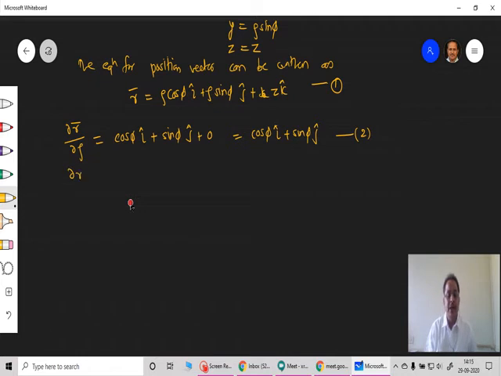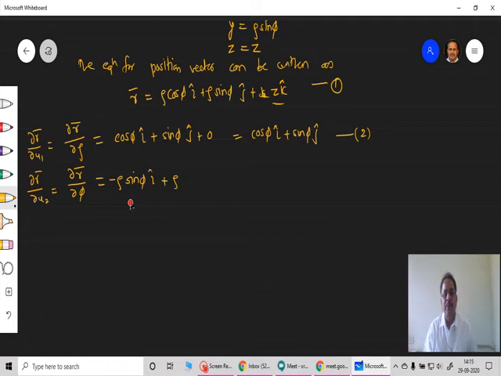Similarly, now dr bar upon d phi, that is, del r bar upon del u2. Getting the differential of this r bar with respect to phi, the z term is not going to give any differentiation because it does not contain phi at all. So this becomes minus rho times sin phi into i cap plus rho times cos phi into j cap.